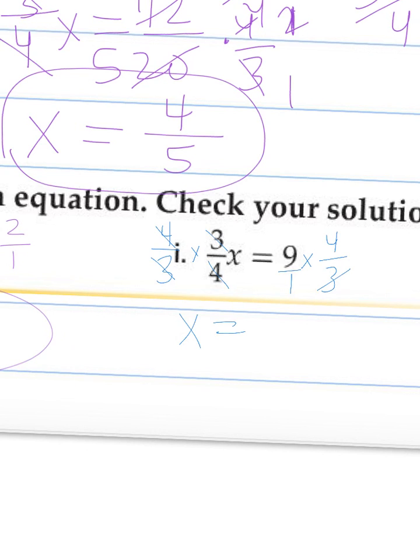Let's look for our shortcuts. 3 and 9 can both be divided by 3. 3 divided by 3 is 1. 9 divided by 3 is 3. 3 times 4 is 12. 1 times 1 is just 1, so our answer is 12. And if you hadn't done your shortcuts, you would have done 9 times 4, which is 36, over 1 times 3, which is 3. That simplifies down to 12.